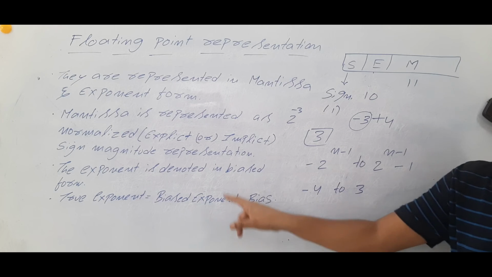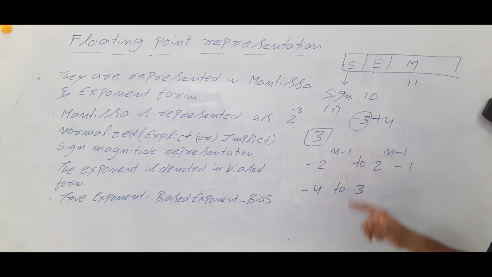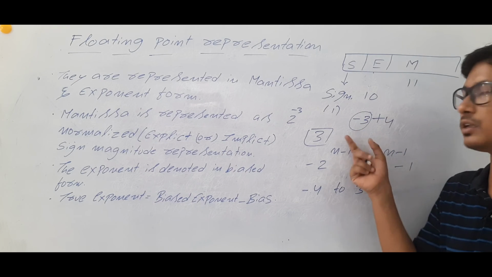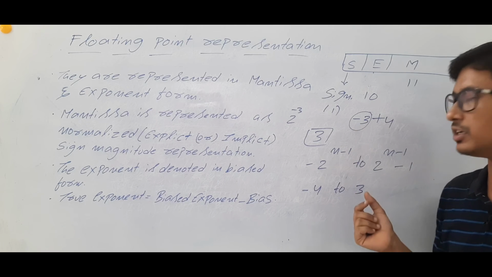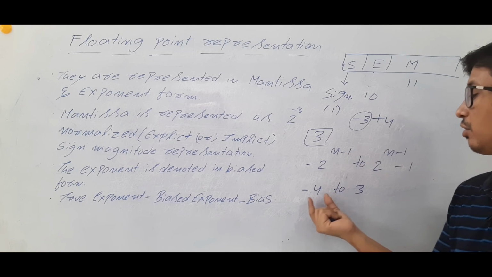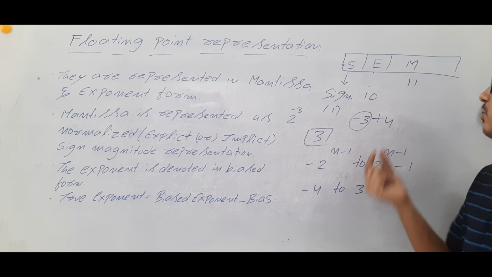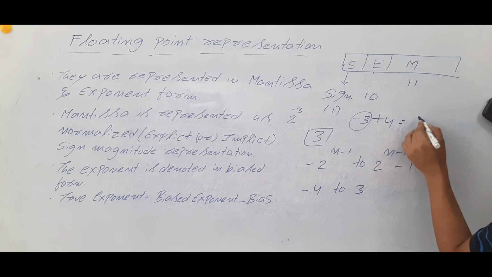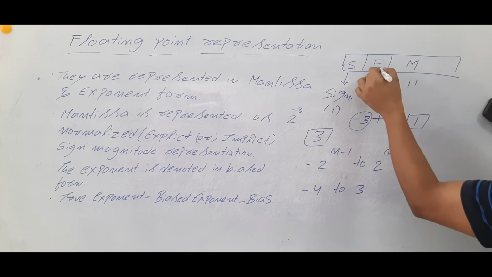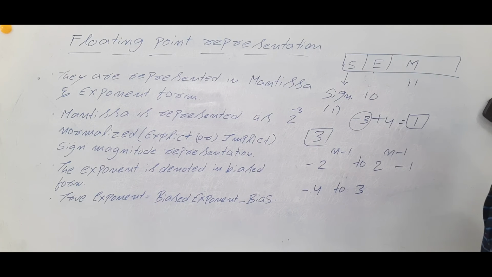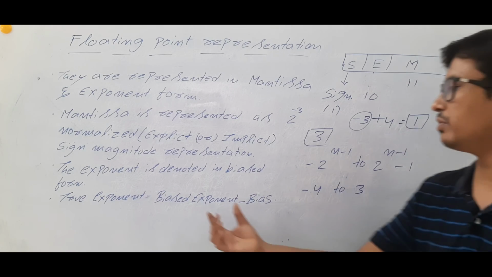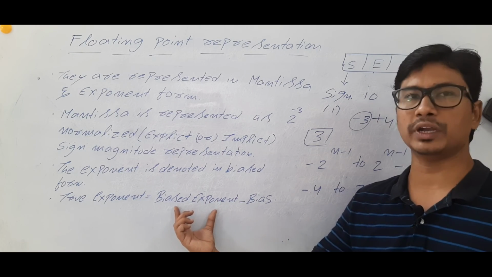The exponent is denoted in the biased form. Why they are doing this is that if I represent it as a negative number in 2's complement, we will face difficulty. So that's why they added the bias. So it will be minus 3 plus 4 is 1. So you will represent the exponent as 1 here. Instead of minus 3, you will represent it as 1. So that is what we will call a biased exponent.